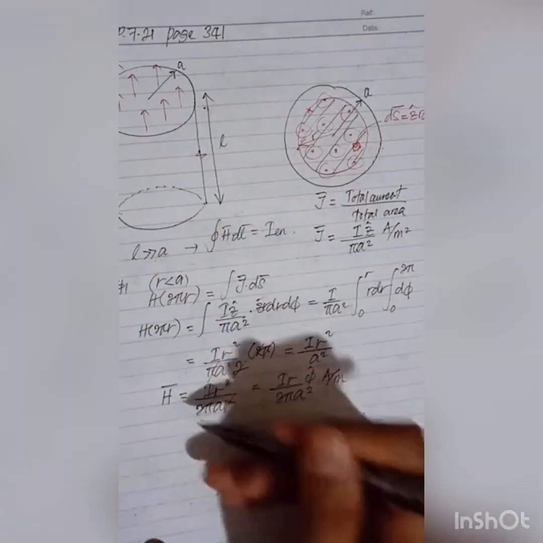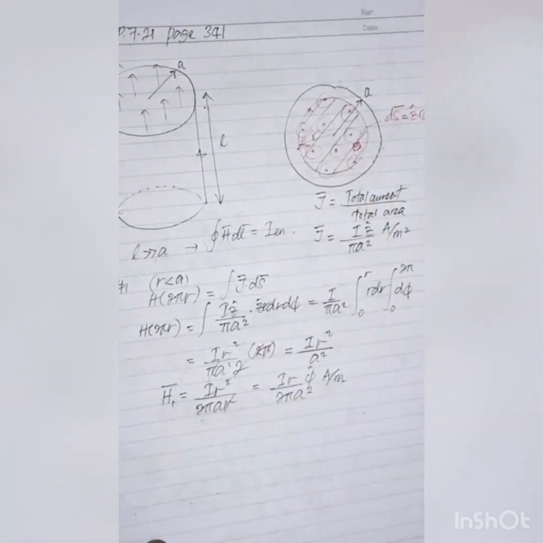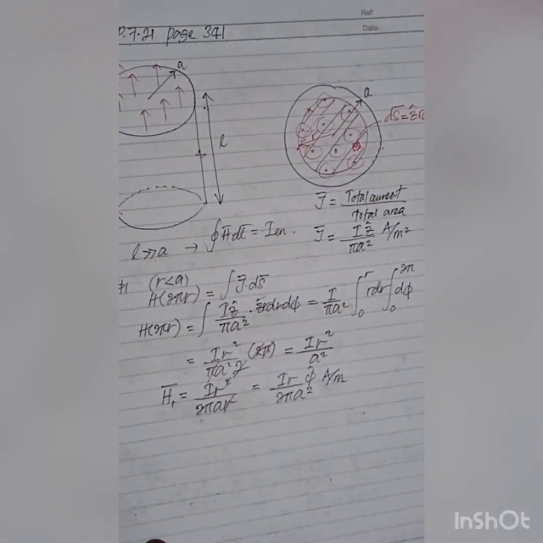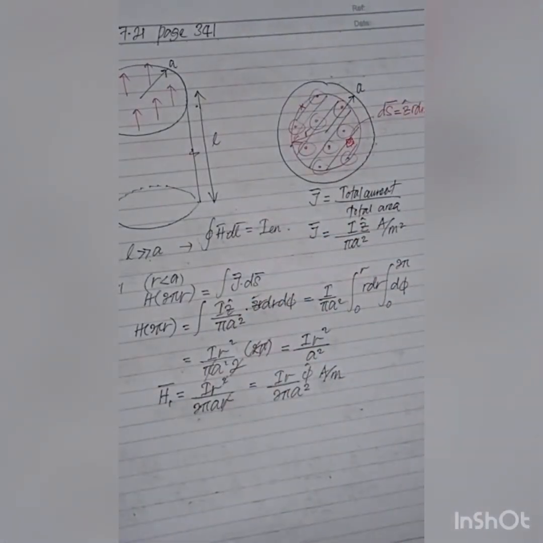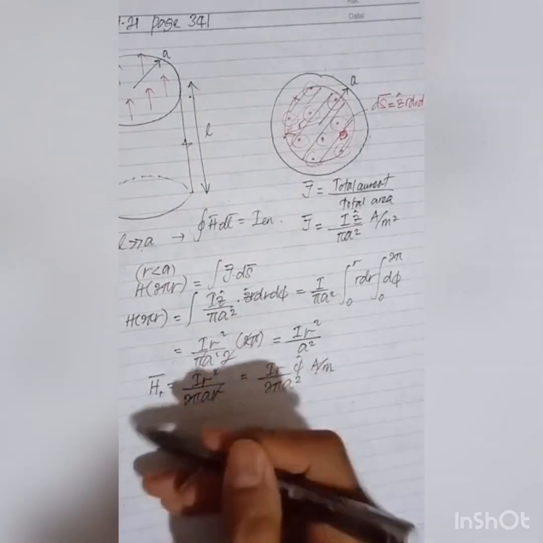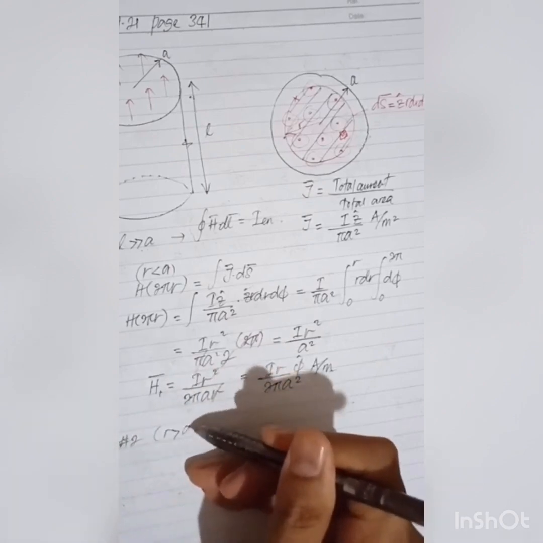Let's say the h1 I define here, the h that exists within the conductor. So how do I find the h that appears outside the conductor? The same approach that we used last time for the case of second regions, which is r more than a.